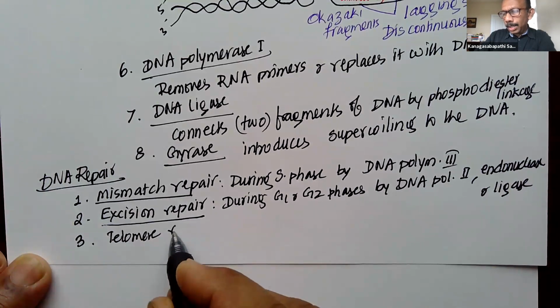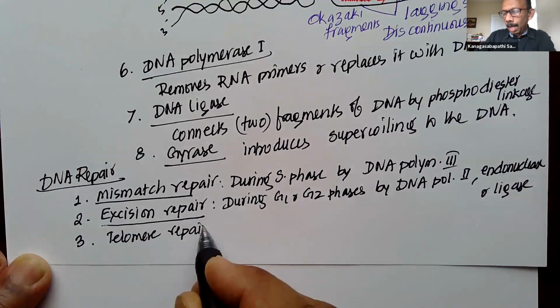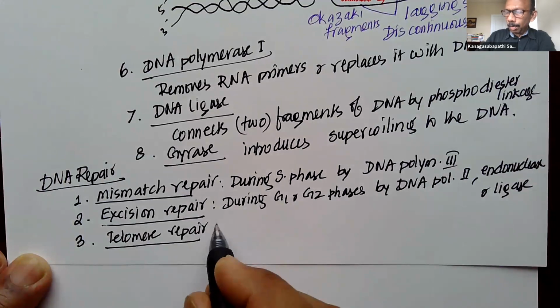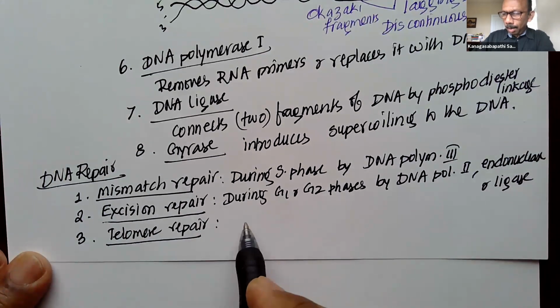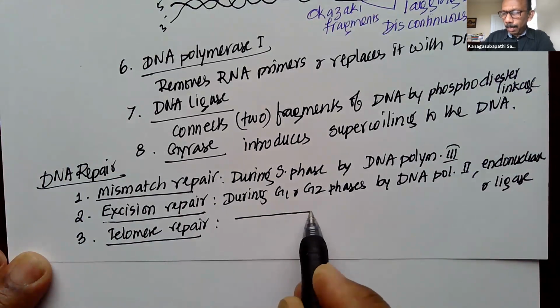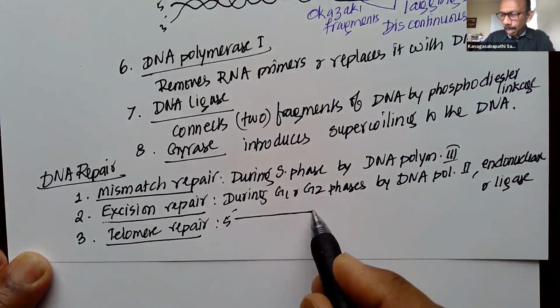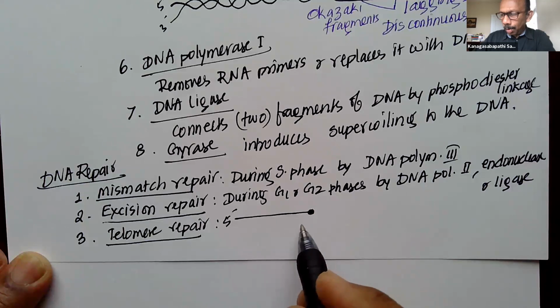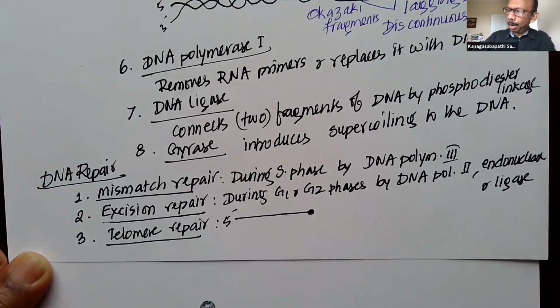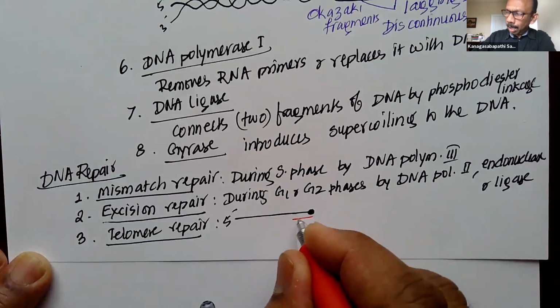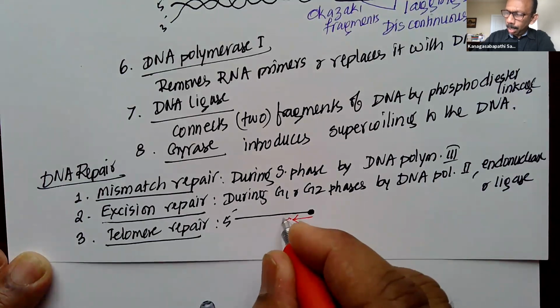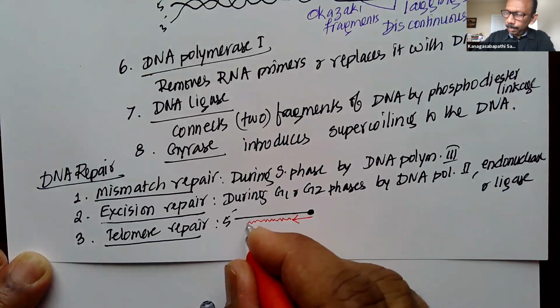The telomere is at the tip of the chromosome, and it's difficult to fix, because if this is the tip of the chromosome, which is a telomere, you have an RNA primer that is attached to make the new DNA.